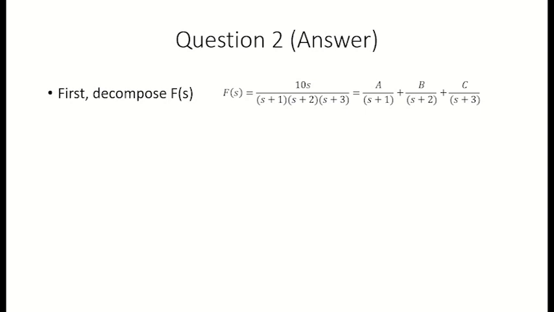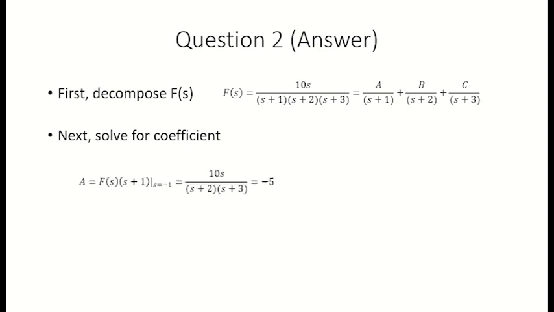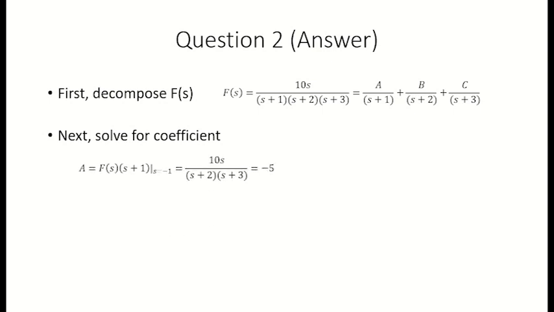What I mean is, for example, to find A, you eliminate the s plus 1 term by multiplying F of s with s plus 1. Then you replace all the remaining s's with the pole, which is minus 1.